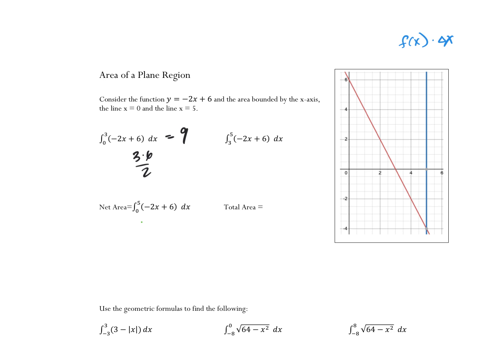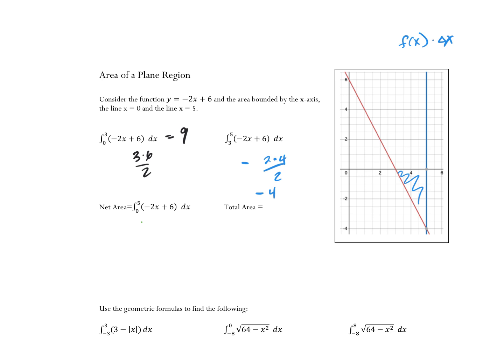It's negative. So the integral will be negative, but it will still be the area. To find this area, we're going negative, and that looks to be 2 times 4 over 2. So negative 4.